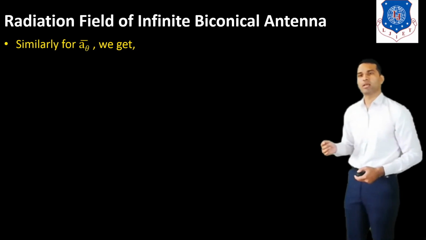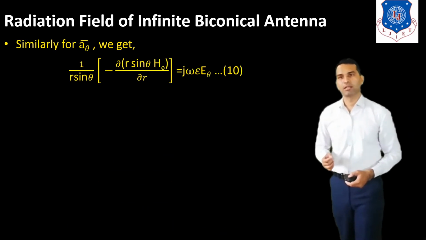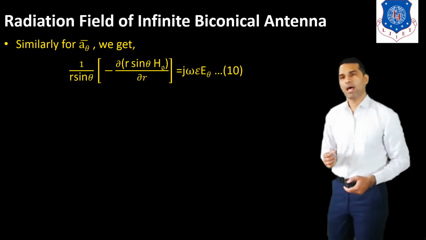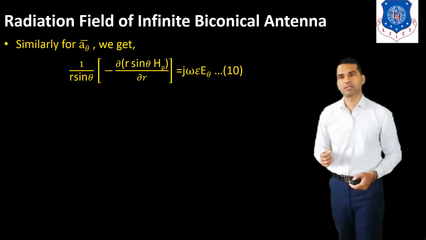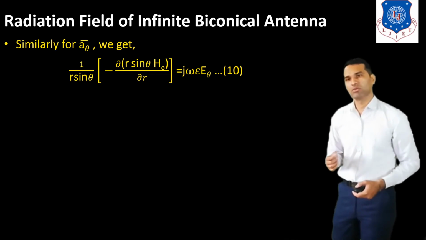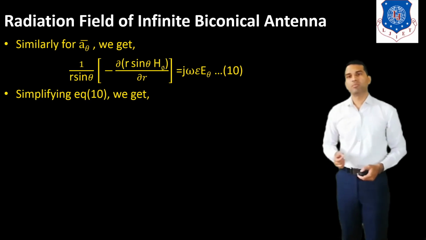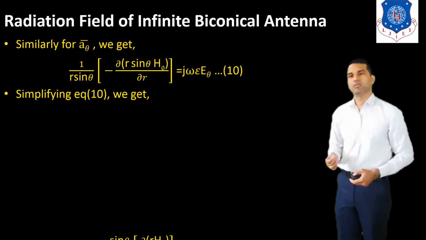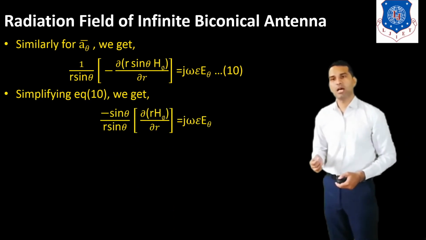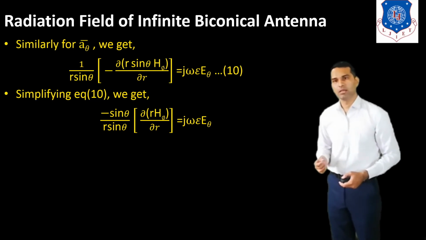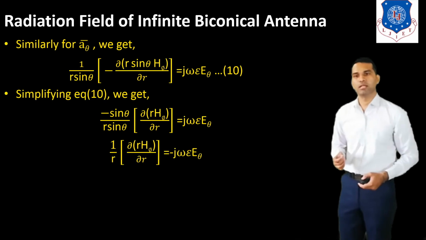Similarly, for the a theta component, we get 1 upon r sin theta into r del by del r sin theta H phi is equal to j omega epsilon E theta. Now simplifying equation number 10, we get minus sin theta upon r sin theta del by del r H phi is equal to j omega epsilon E theta.